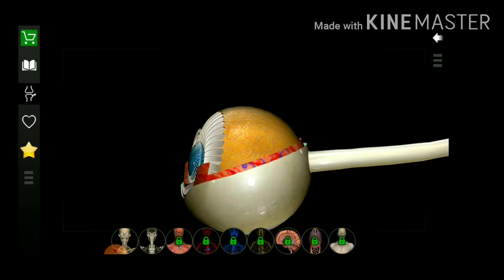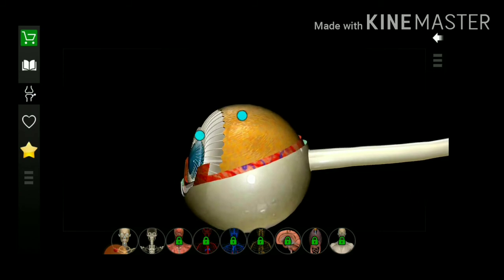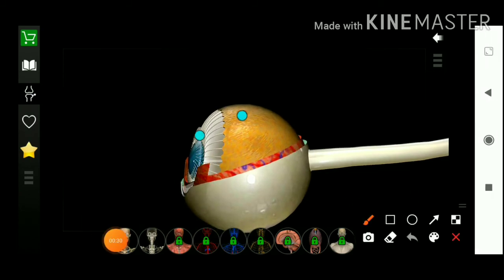Here you see that on the lower half we have the sclera, and in the upper half I have removed the sclera. Posteriorly the sclera is not white; anteriorly it is covered with bulbar conjunctiva and is seen as white. The sclera continues forward and forms the cornea.